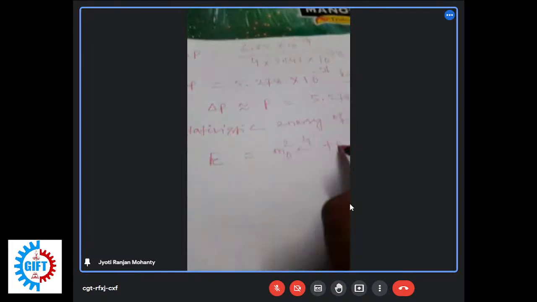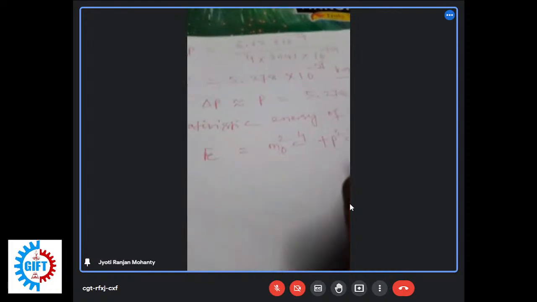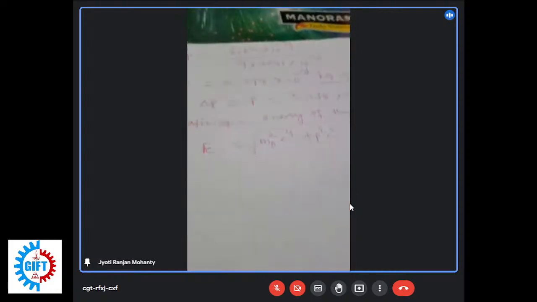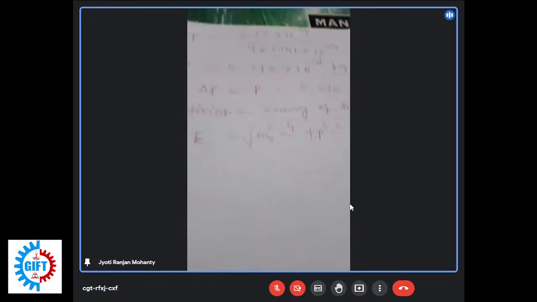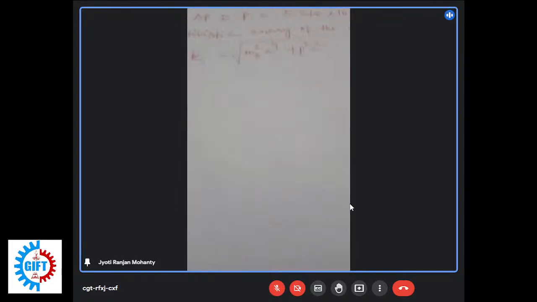So this is the relativistic energy formula. You see that there are various formulas for energy. You know potential energy, kinetic energy. Okay, and E is equal to mc square. Energy of the photon is equal to h nu.